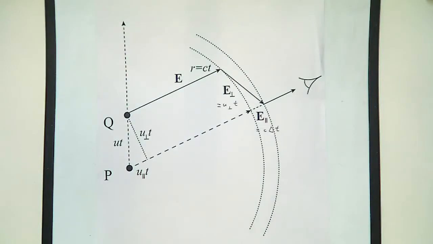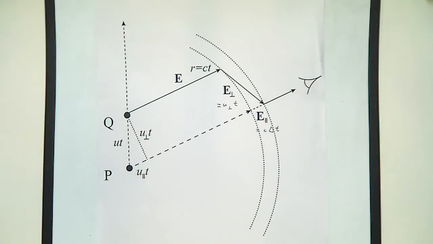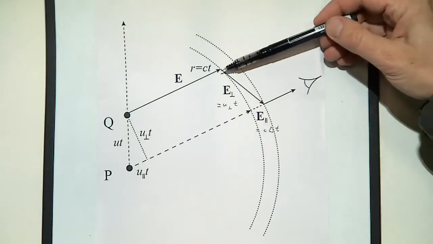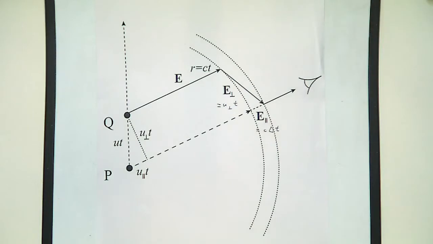So the ratio between E perpendicular and E parallel must be growing. How fast does it grow? It grows proportional to time, and because the radius, the distance at which that boundary is occurring, where the radiation is occurring, is also moving proportional to time, therefore, the ratio of this component and this component must grow proportional to r.